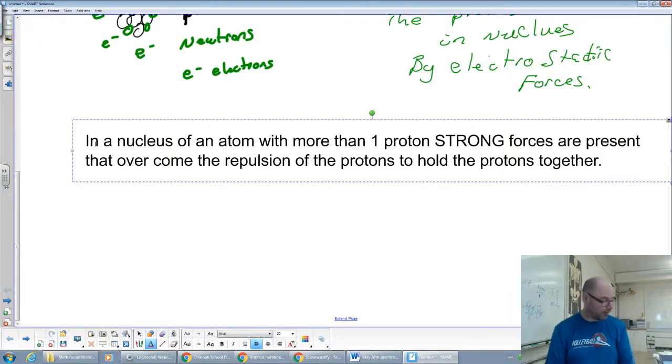Okay, and a lot of weird things happen in particle space.